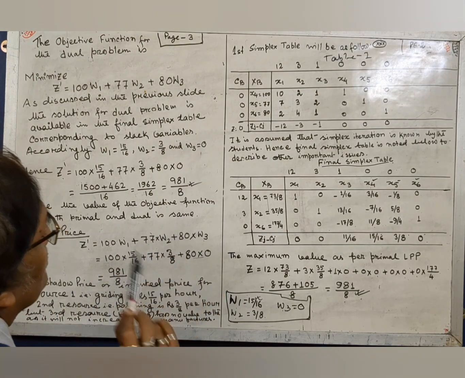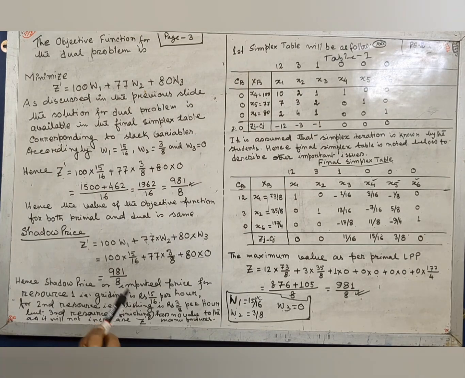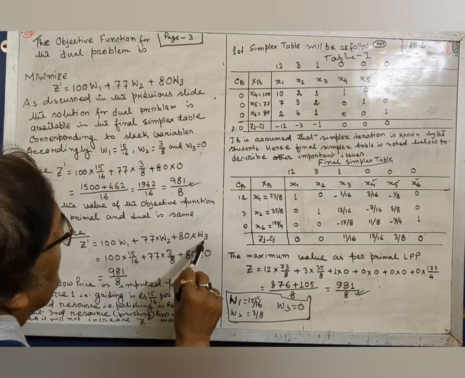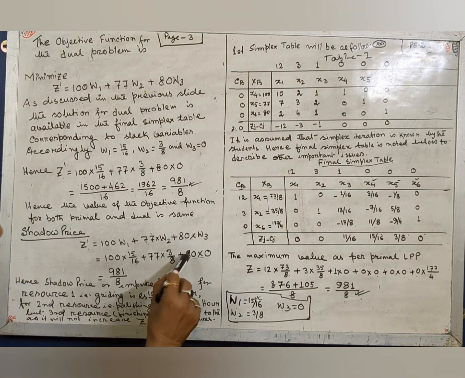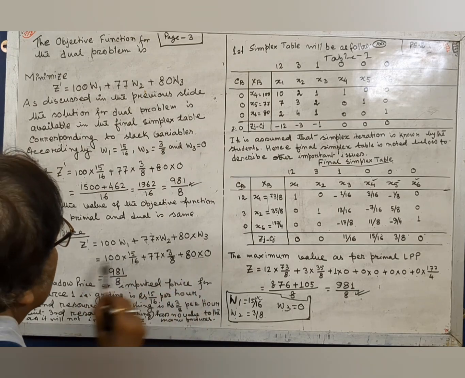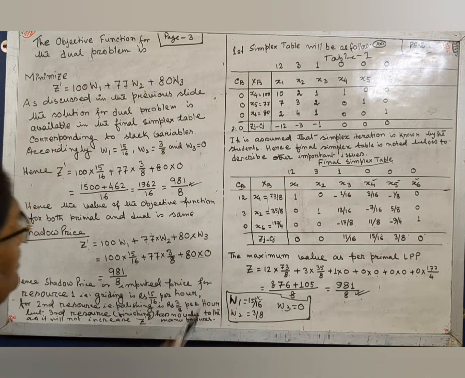And for the third resource, it has no value, because the value of W3 is 0. If you increase the constraint of 80 hours, that is the finishing department, to 90 or 100 hours, the objective function value will not increase.